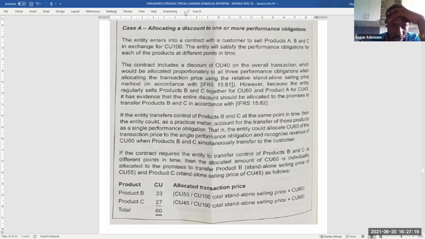Product B, 33 CU: the allocated transaction price will be 55 CU divided by 100 CU, total standalone selling price, times 60 CU. Product C, 27 CU: the allocated transaction price will be 45 divided by 100 CU, that is total standalone selling price, times 60 CU, which will bring us to a total of 60 CU.